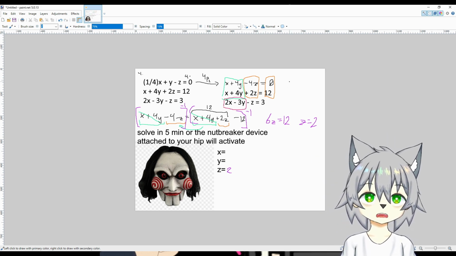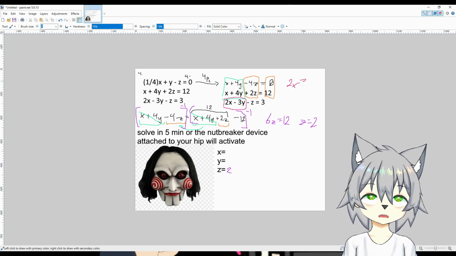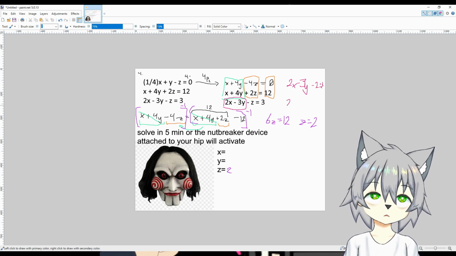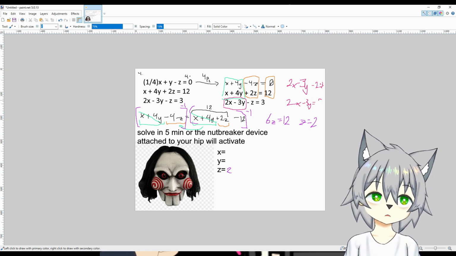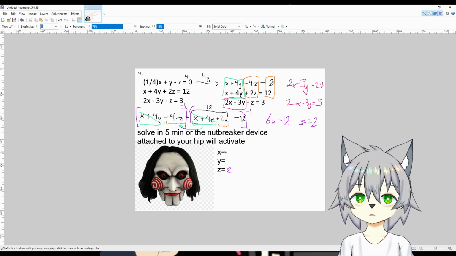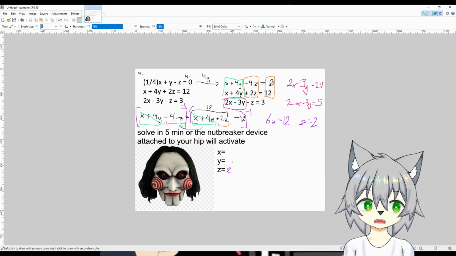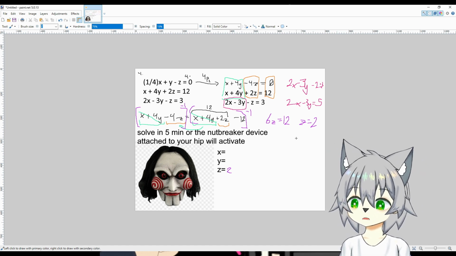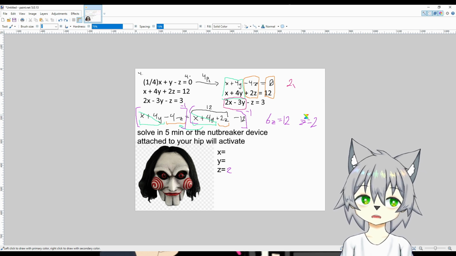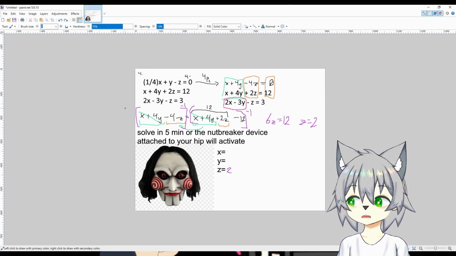If we have 2x minus 3y minus 2 equals 3, we still have 2x minus 3y equals 5. How do we isolate that? We want to solve for the variables as well. This isn't a function we're trying to solve for. We're trying to solve for the actual variables here, right? So how do we go about doing that?